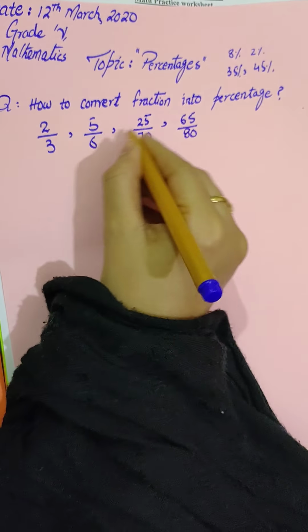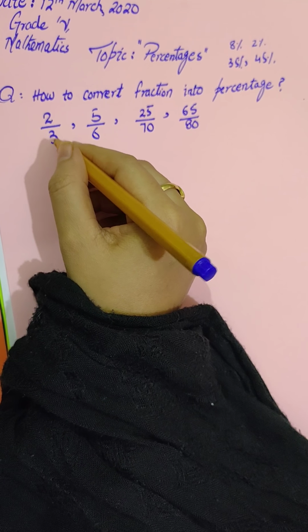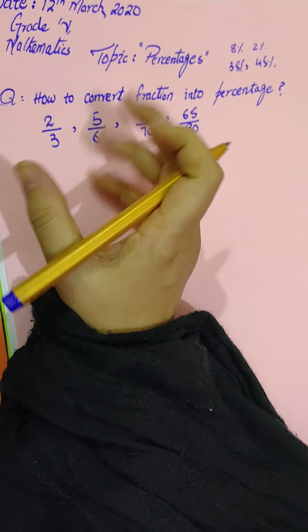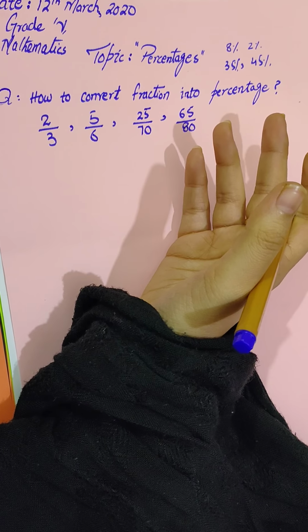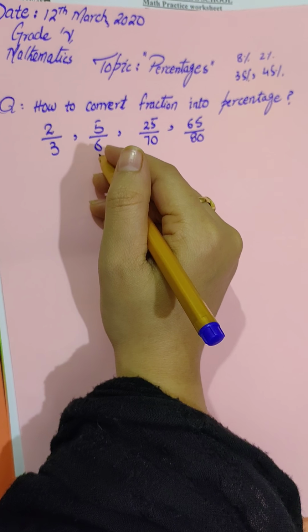These are fractions with a numerator and a denominator, but their denominators are not 100. They are common fractions, they don't have the 100.